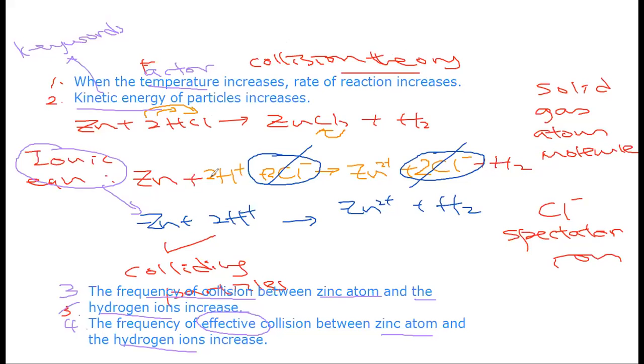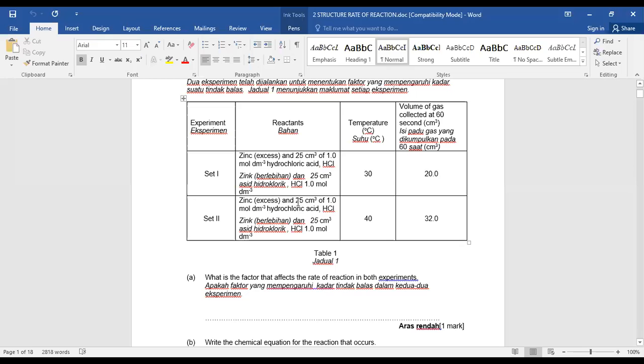This is the collision theory, where we are talking about the collision between the particles. Now we move on. Go back to our question. This is our question just now.